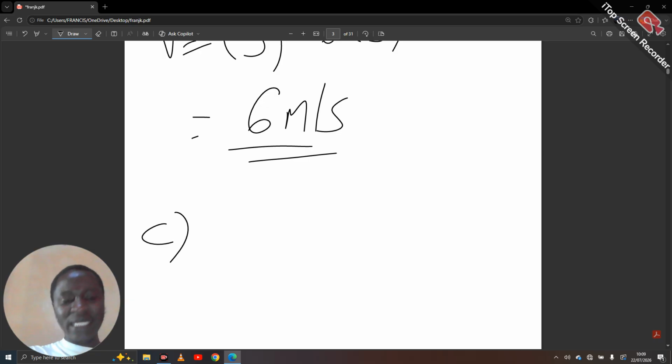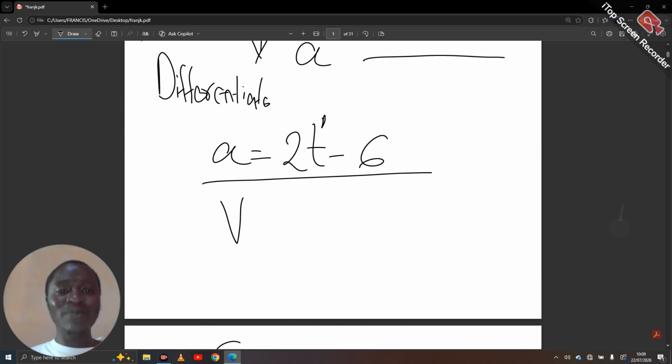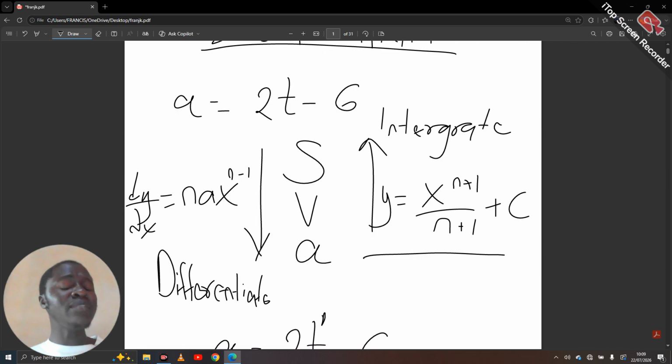Part C. Give an expression in terms of t for the object displacement. That means the examiner wants us to get the displacement. And the displacement is always a symbol of s.